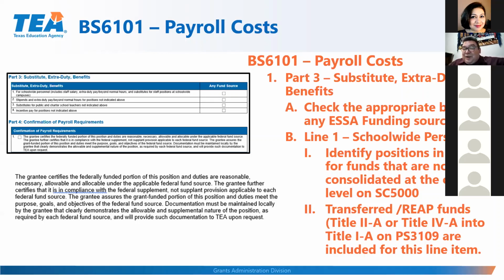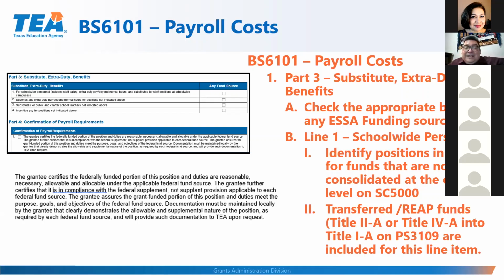Also, if you want to use it for all funding sources that you budgeted for, if on the SC 5000 you are combining your funds, you're consolidating not just Title I, but you're consolidating your federal funds at the campus level, the school-wide checkbox would also apply.